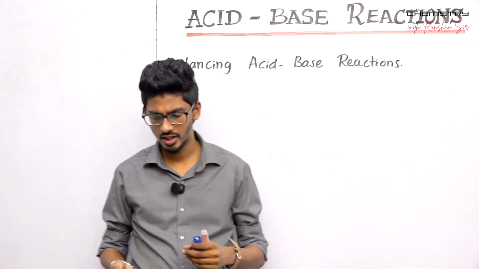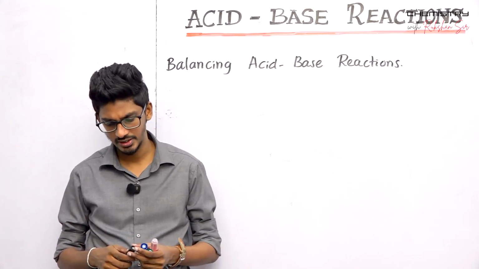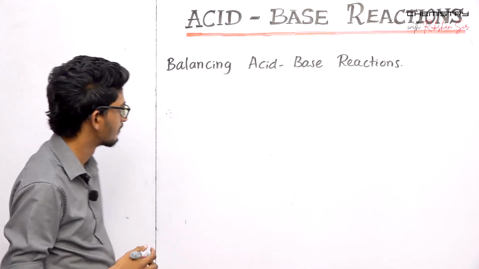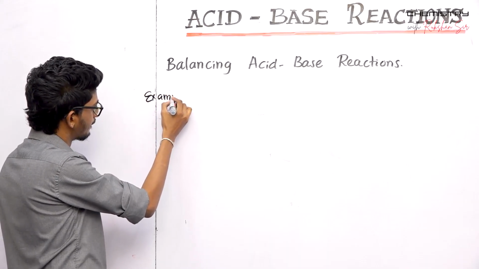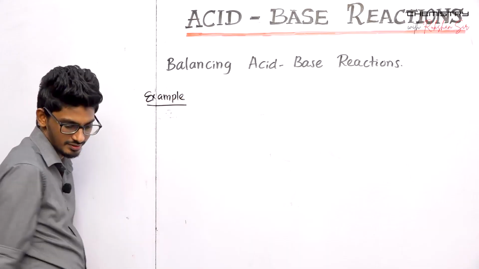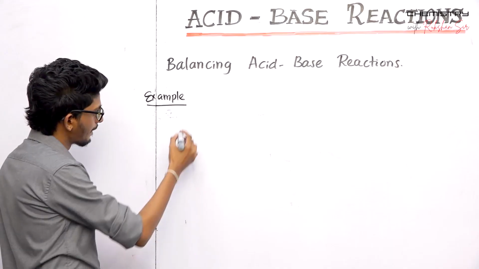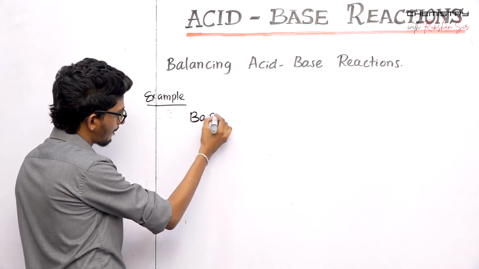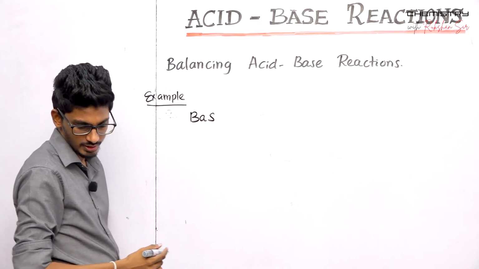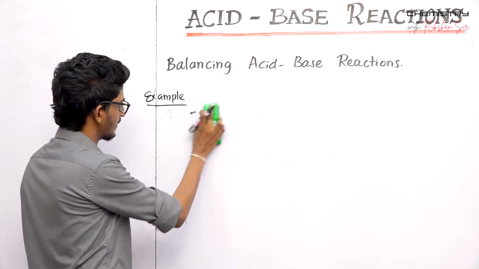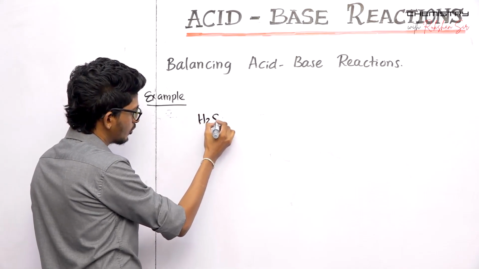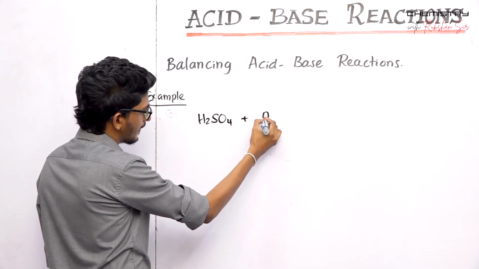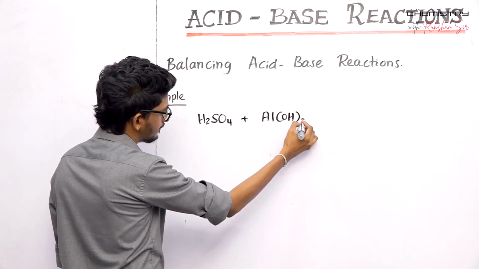Let's come up with an example, and I'll explain the stuff for you. Let's use this one as an example. Let's try to balance this reaction: H2SO4 with aluminium hydroxide. That is the example appearing in your note. There are 3 steps.